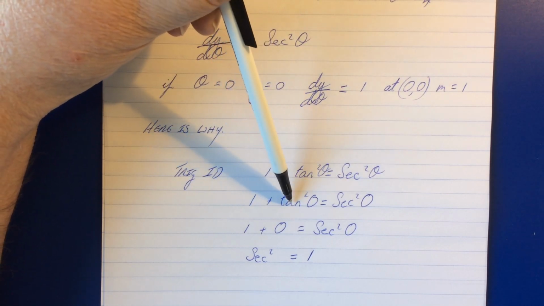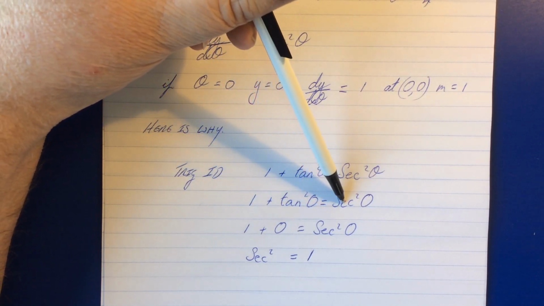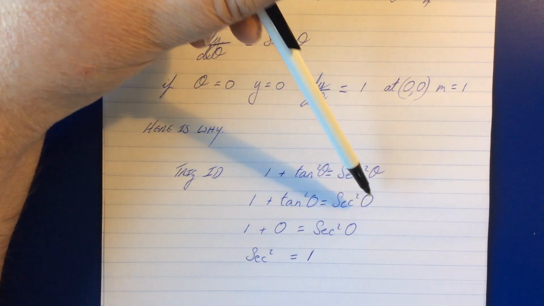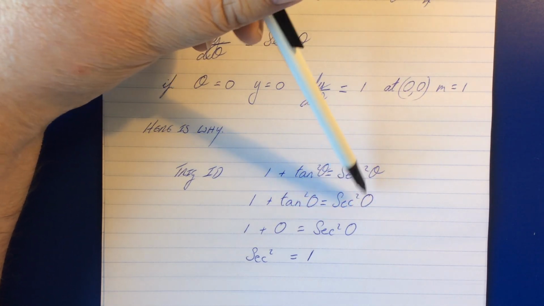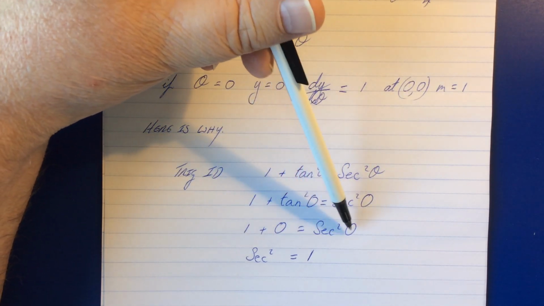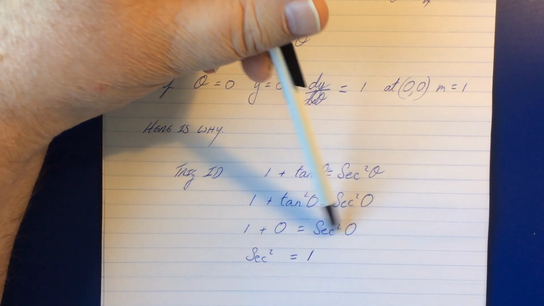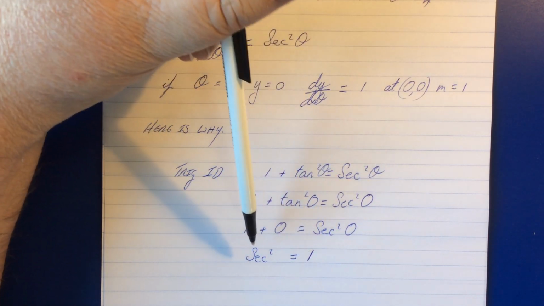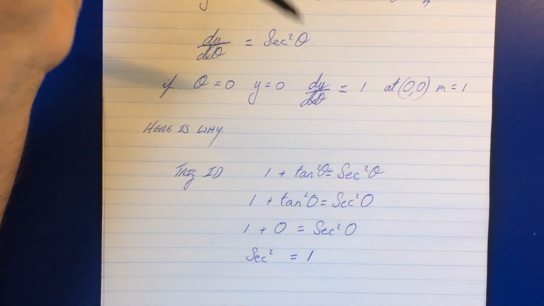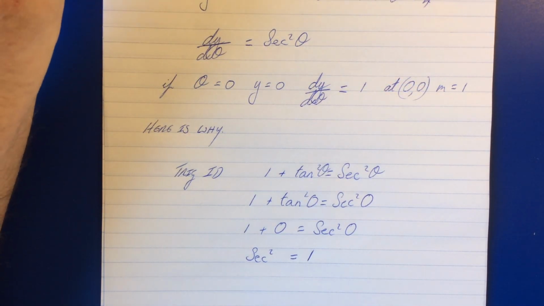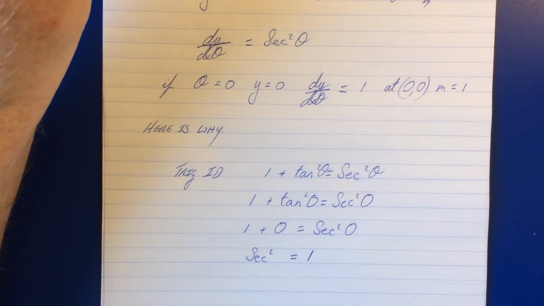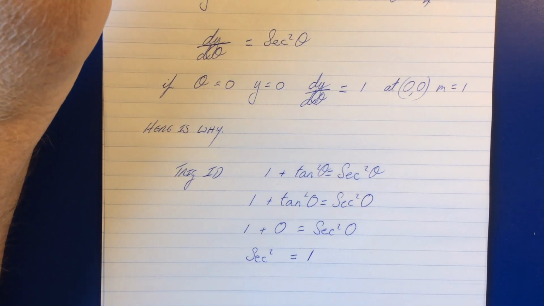So 1 plus tan squared theta equals sec squared 0 in this case. 1 plus 0 equals sec squared 0. Sec squared in this case equals 1. The gradient is 1 for that reason. Try it on a calculator, check it. You'll find that the gradient of the tangent at that point is 1.